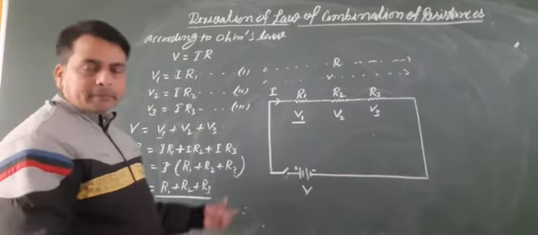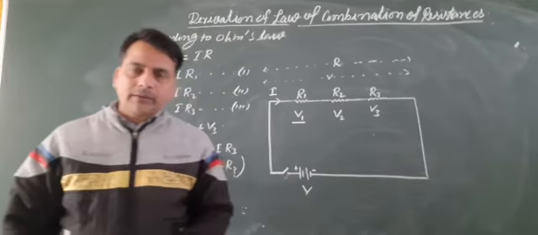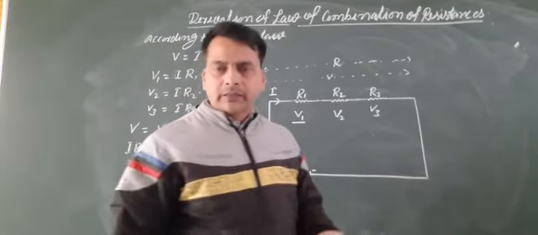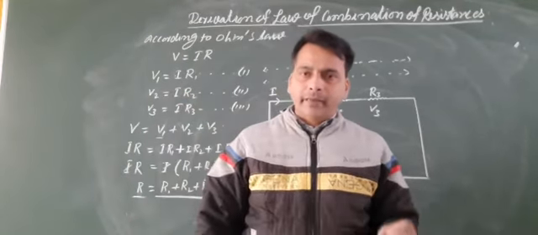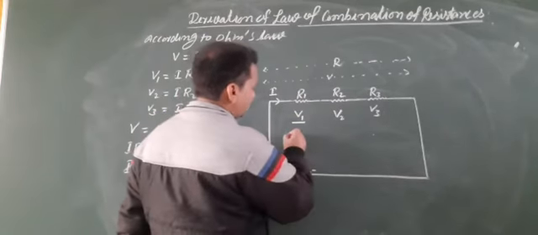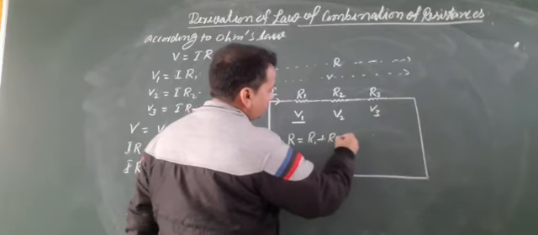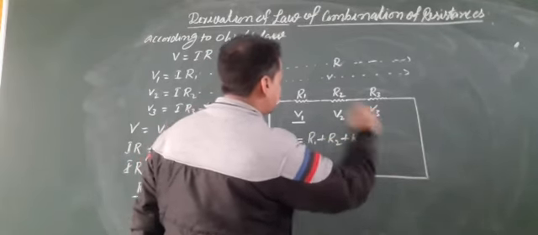So if two or more resistors are joined in series combination in the circuit, the equivalent resistance R equals R1 plus R2 plus R3.